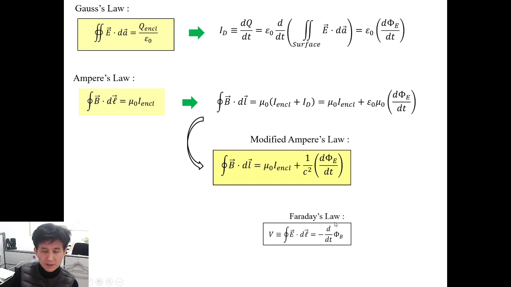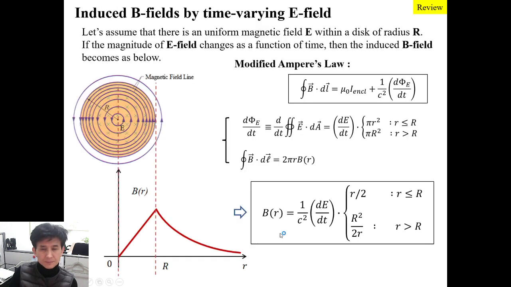Compared to Faraday's law, which states that the electric field line integral is minus d over dt of the magnetic field flux, this term is quite similar. So if there is no physical current, this equation is almost the same as Faraday's law except for the 1 over c squared.